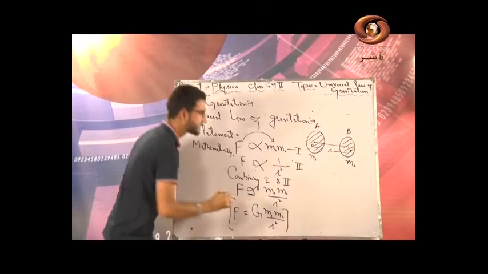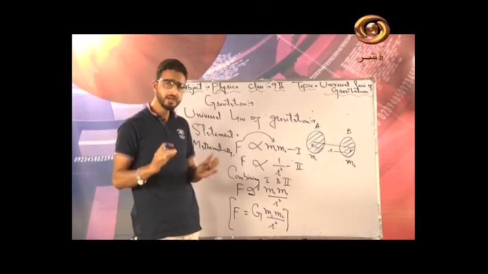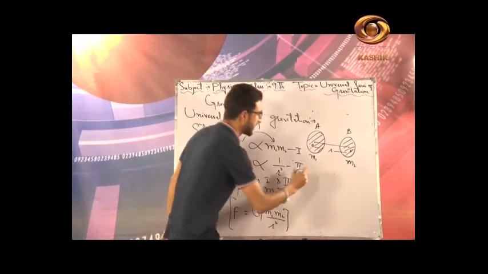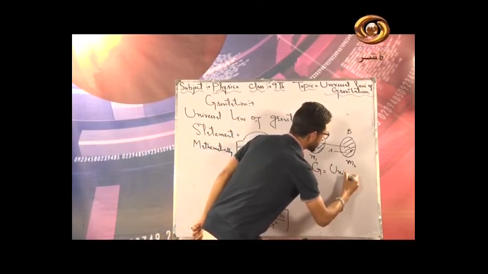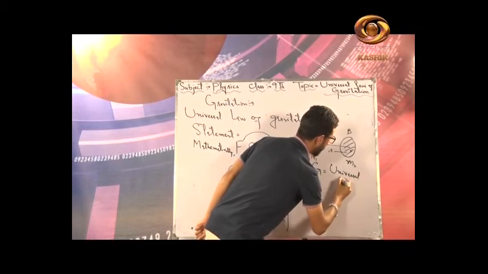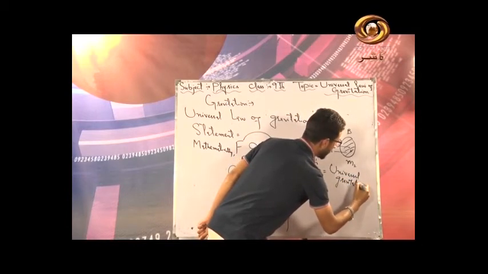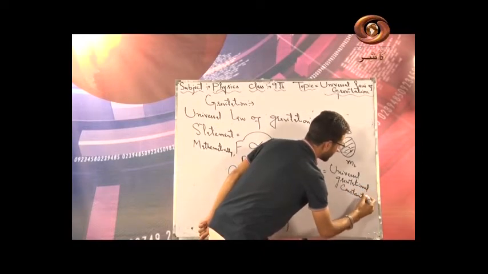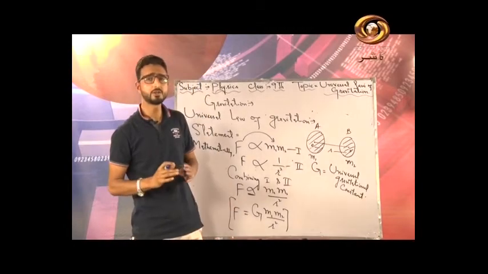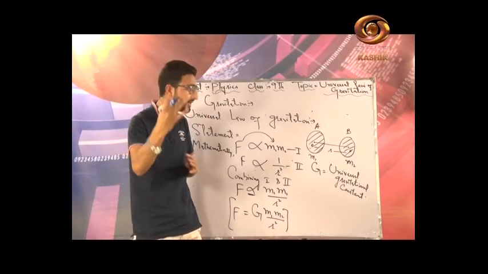Now what is this G basically? It is the constant of proportionality, and we call this G the universal gravitational constant. Why universal gravitational constant? I will explain it a little bit later.